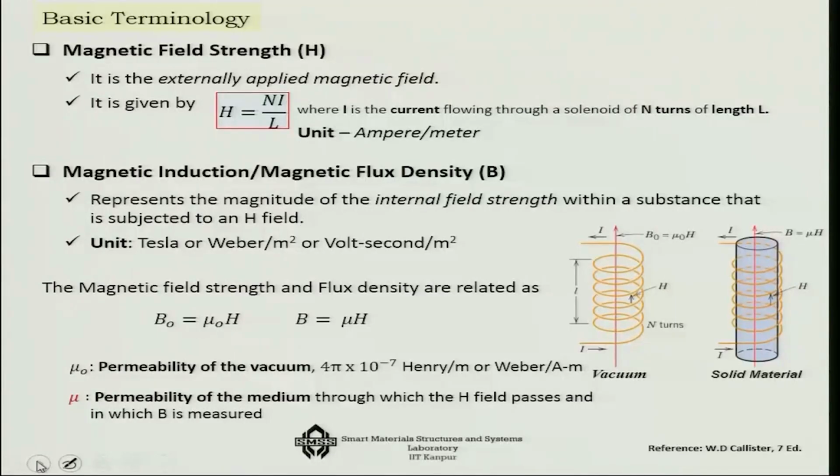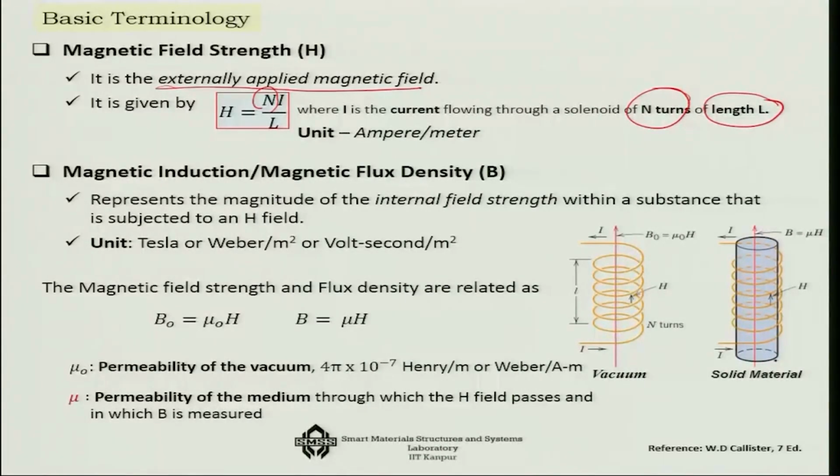First is the magnetic field strength, H. This is the externally applied magnetic field, and it is generally described in terms of three parameters. Number one is N, the total number of turns, and L, the length over which you are giving the turns.